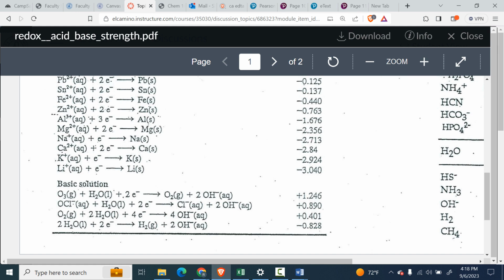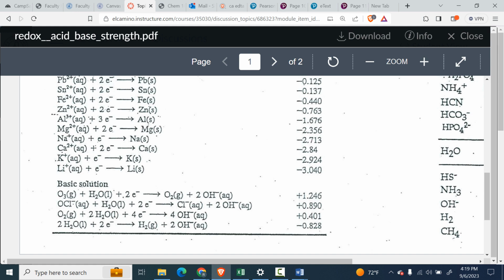Potassium ions are way up here, water is way down here. Looks like water is the worst oxidizer on the chart because it's at the bottom on the left side.